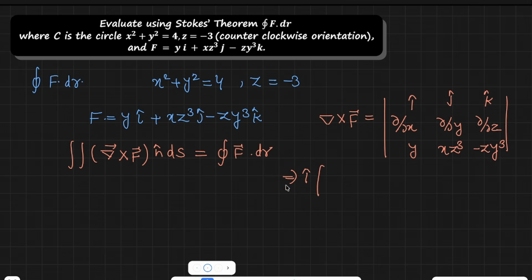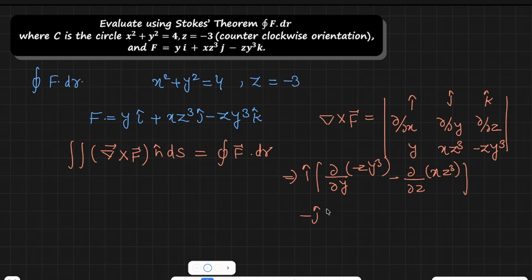Once you write this down, you solve this determinant. For the i cap component, it is dou by dou y of minus z y cube minus dou by dou z of x z cube.